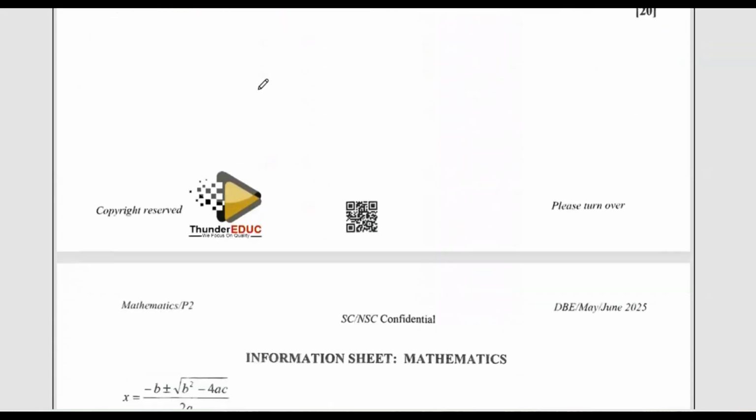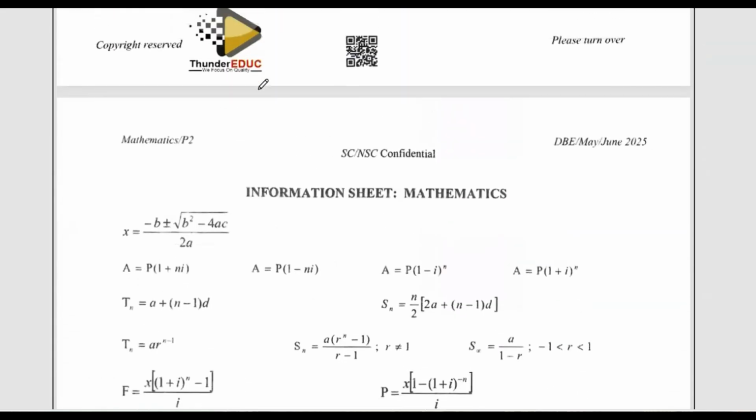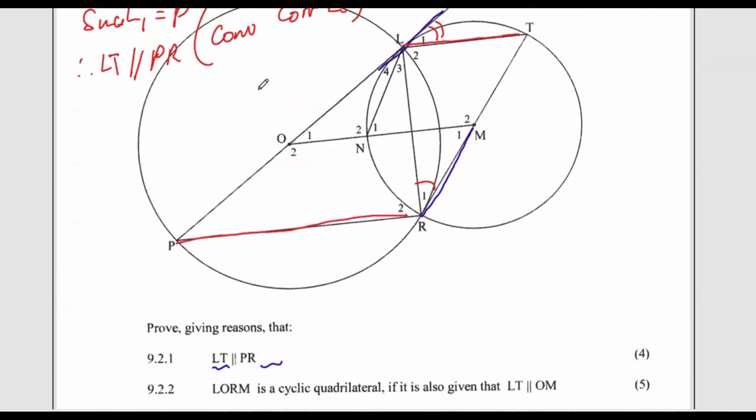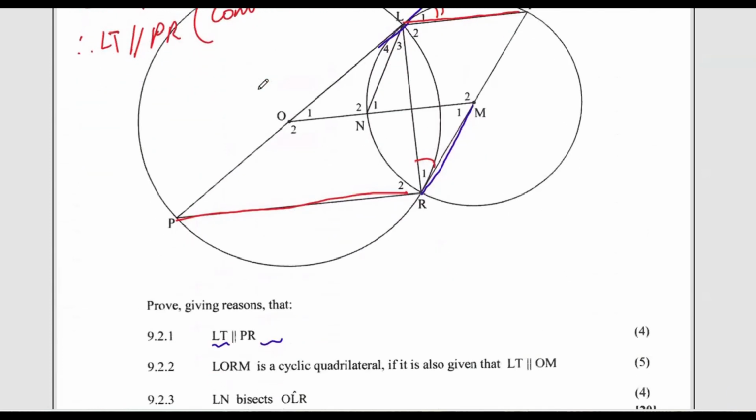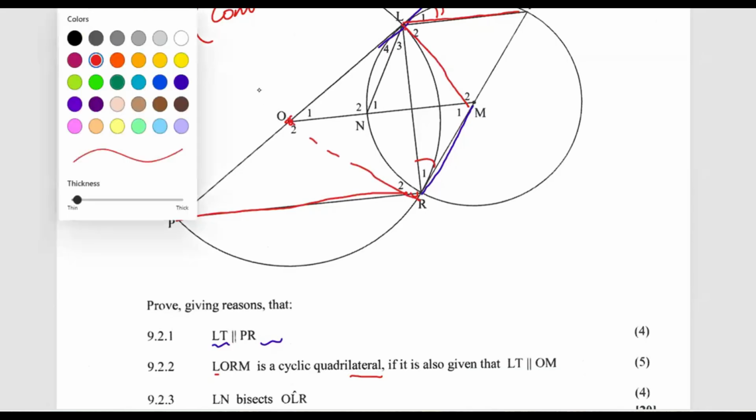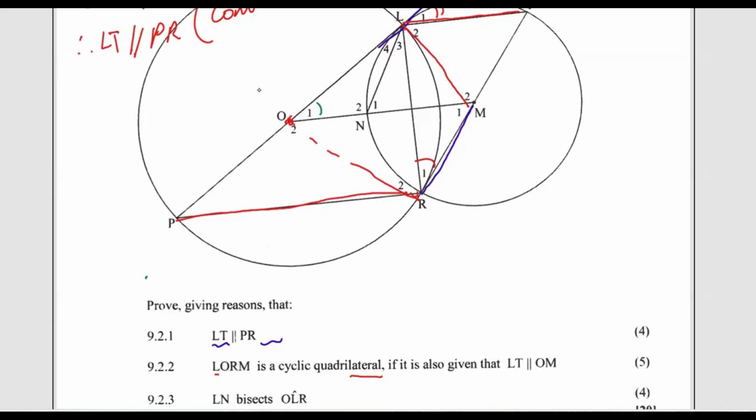And then 9.2.2, they are telling us that LORM is a cyclic quadrilateral. We must prove that L, O, R, and M. Okay, so if I connect this, the only thing I need to do in this case is that I need to prove either this angle is the same as this, or this angle is the same as that.